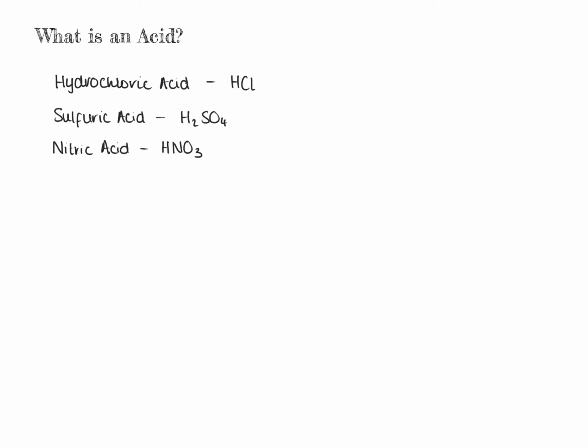If you look at the chemical formula of each of these, you will see that they've all got something in common, and that is that they've all got H at the start of their chemical formula. So acids have hydrogen in them, and more specifically they have hydrogen ions, H+. So all acids contain H+ ions, and acids when they're dissolved in water will release H+ ions in solution.